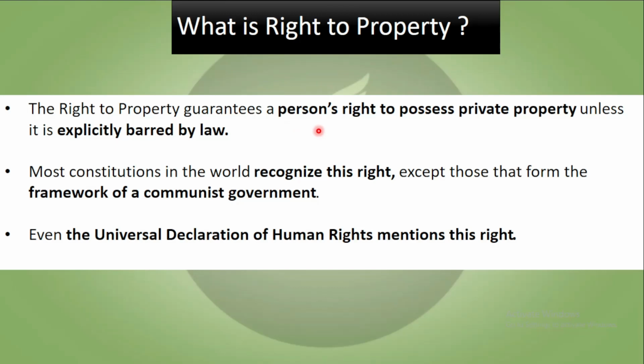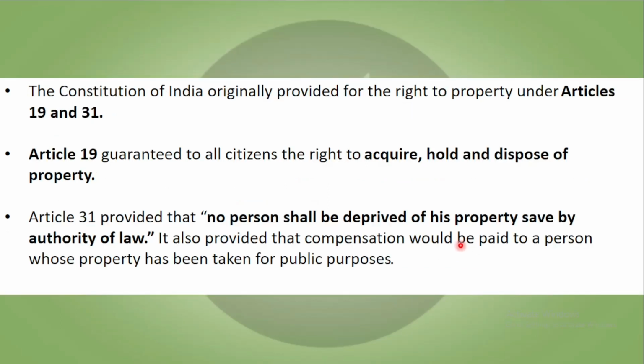Right to property basically guarantees a person's right to possess private property unless it is taken away by the law. Most constitutions in the world recognize this right, except constitutions framed by communist governments. Even the Universal Declaration of Human Rights mentions the right to property.